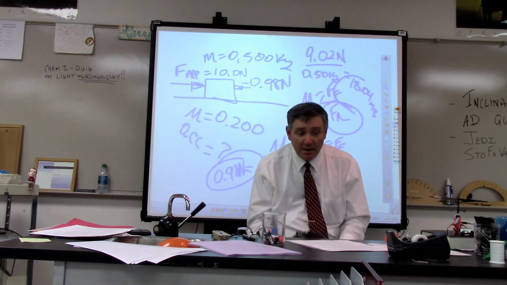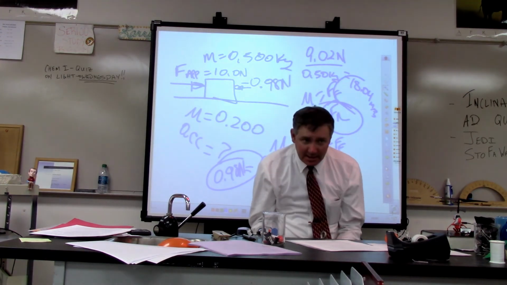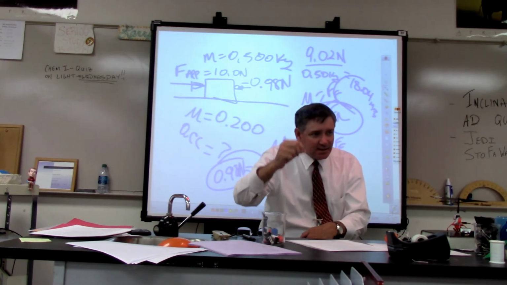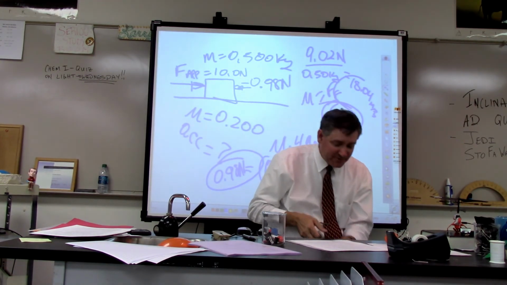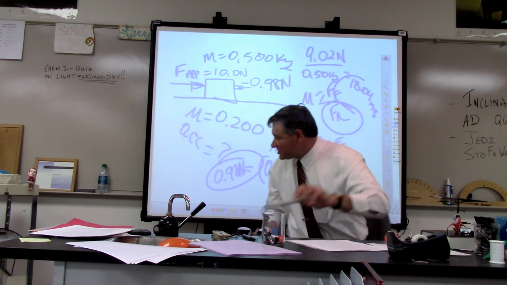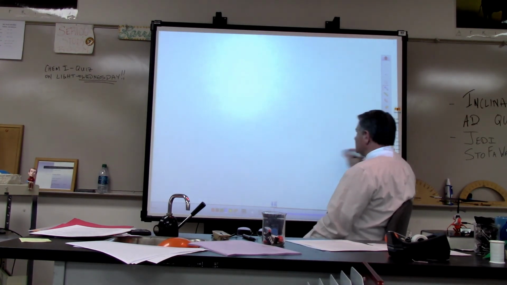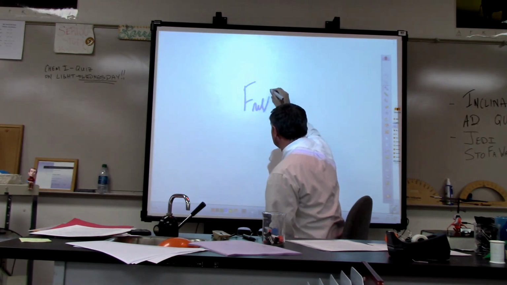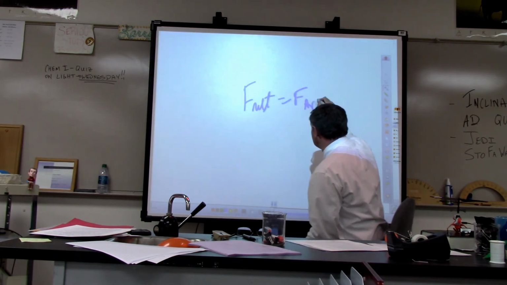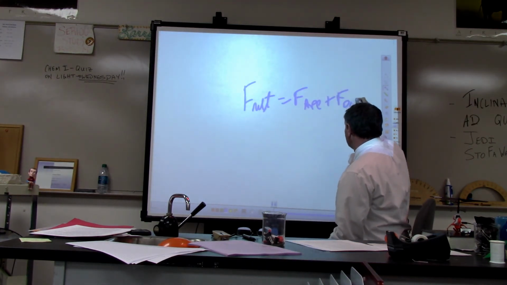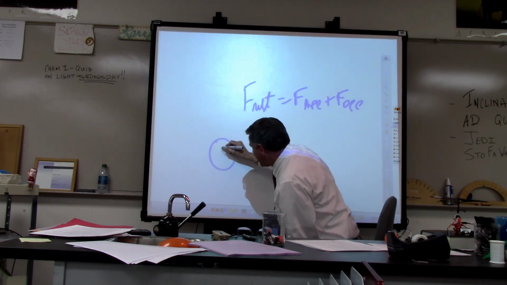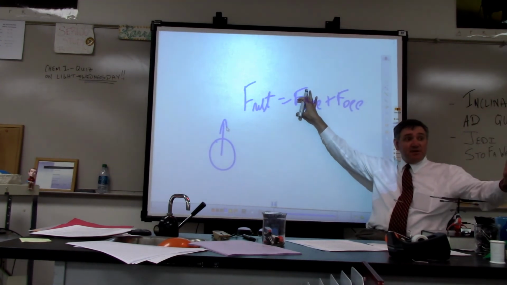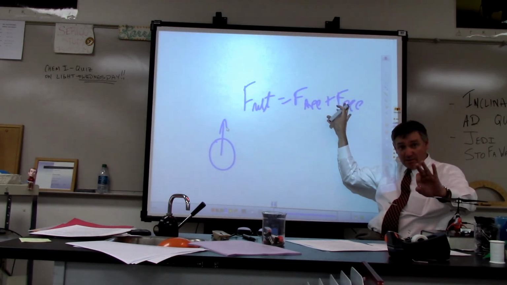Okay? Now, as soon as it leaves my hand, what's the only force left acting on Hank? Gravity. So, in any situation, you can use force net equaling FAP plus FOP. So when I'm throwing Hank up in the air, my applied force has to be greater than my opposing force.